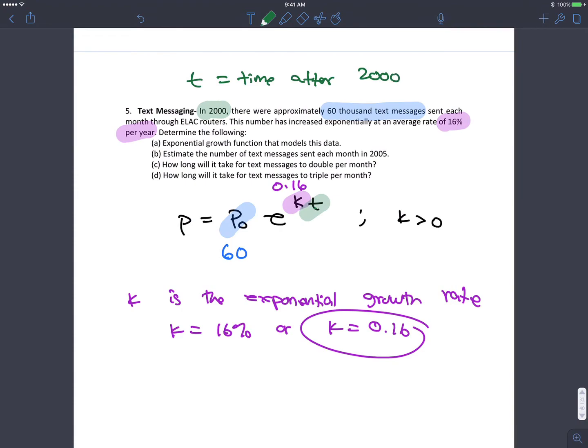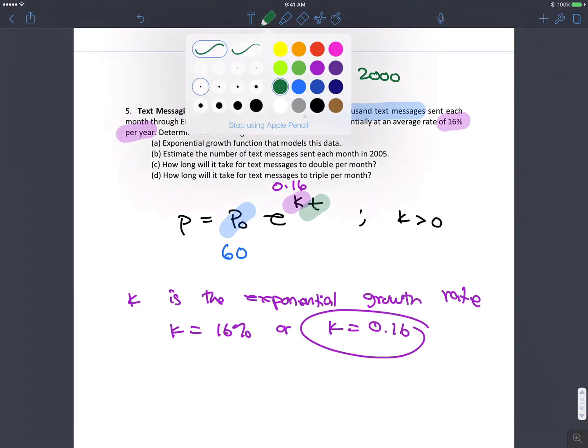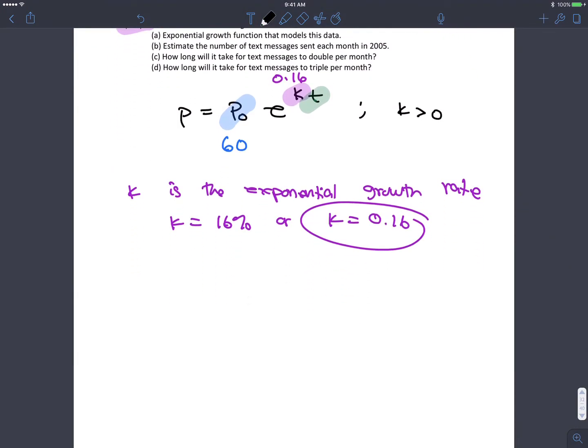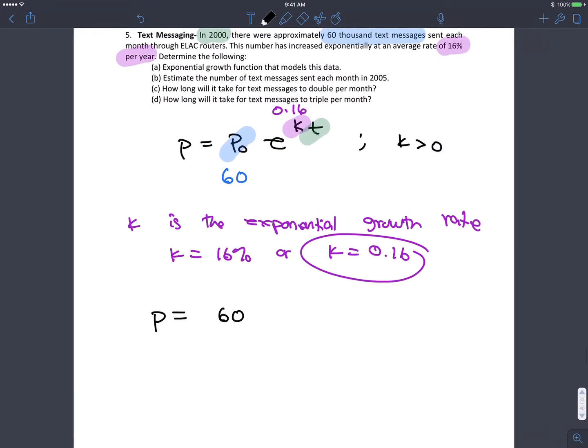So what we've done here is pretty much answered question A, that our exponential growth model will say population, or P, is 60 e to the 0.16 t. And this is now going to give me the number of text messages through ELAC's routers after the year 2000.